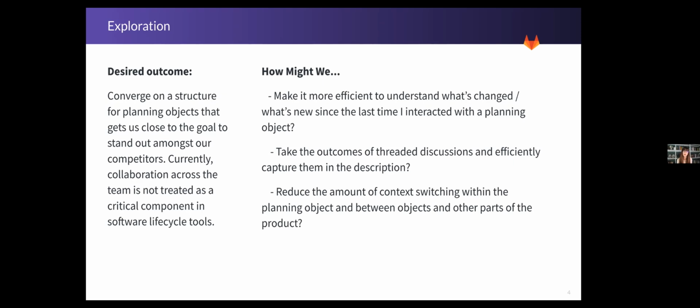How might we take the outcomes of threaded discussions and efficiently capture them in the description as a single source of truth? And how might we reduce the amount of context switching between the core concepts within the planning objects, such as title and description, and the discussion, as well as between the planning object and other planning objects or other parts of the product?